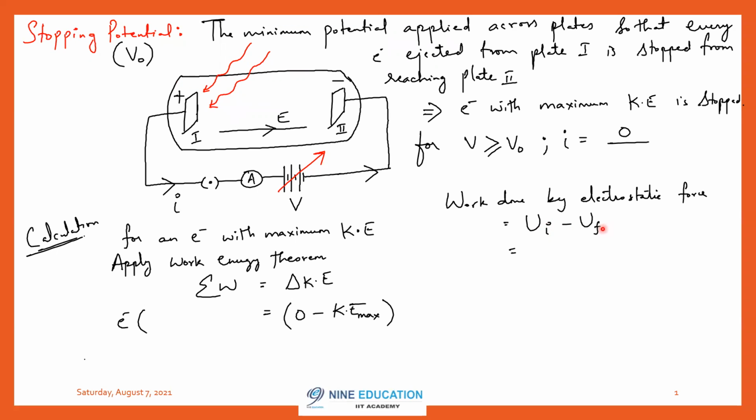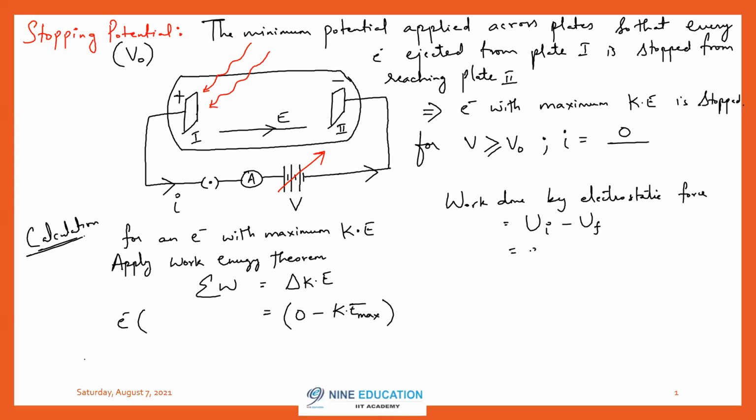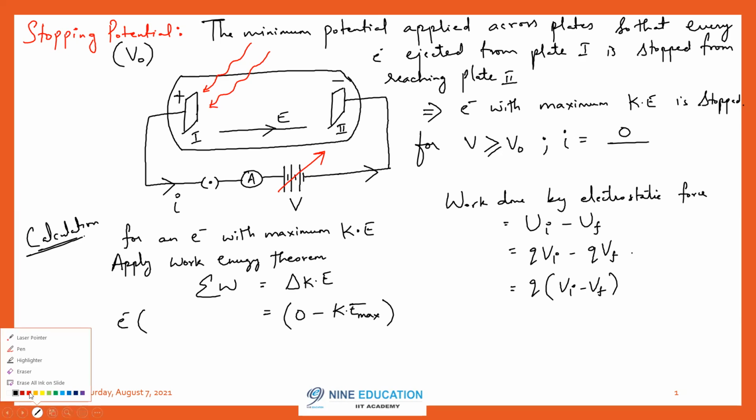Work done by external forces is final potential energy minus initial potential energy. Here we are talking about electrostatic force. What is potential energy? Directly Q into initial potential minus Q into final potential. So I can write Q into (Vi minus Vf). This is the work done by the electrostatic force, or you can say work done by an electric field.